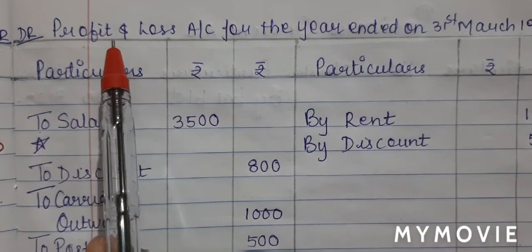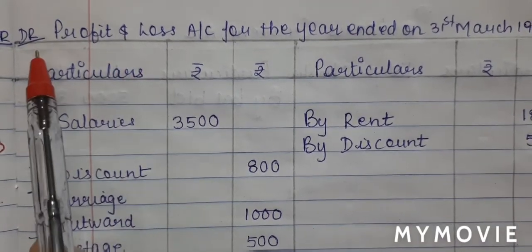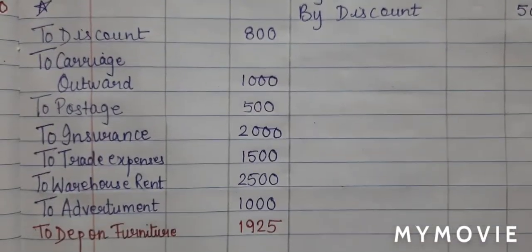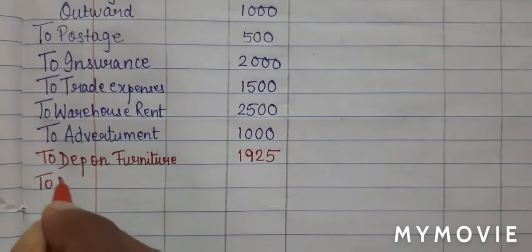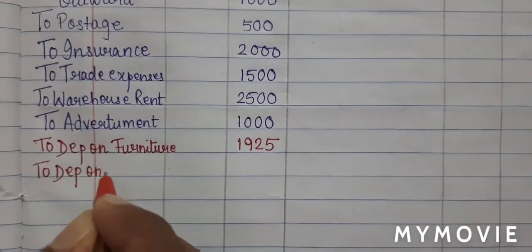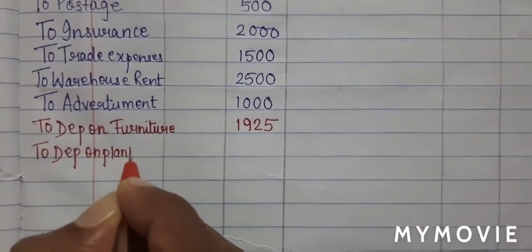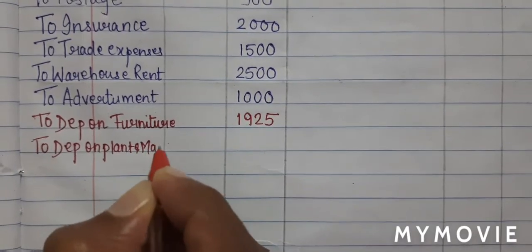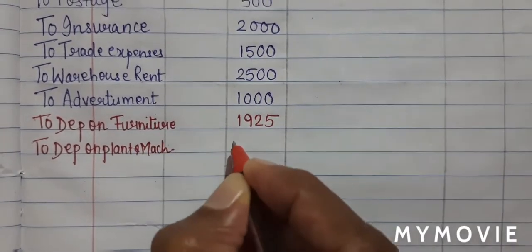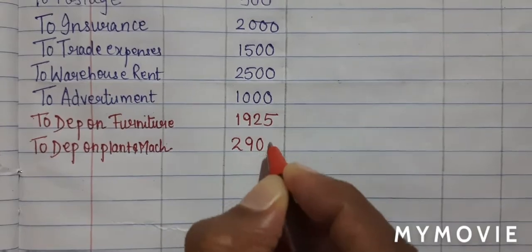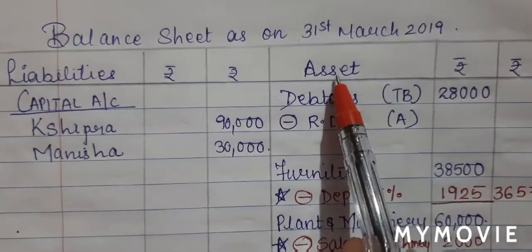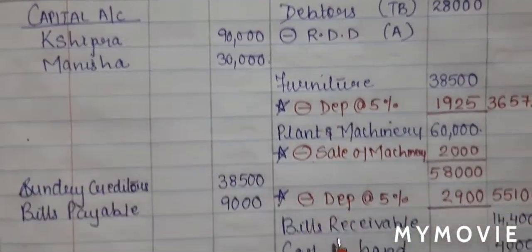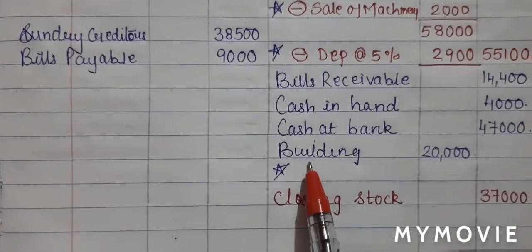My second effect will be in profit and loss account debit side. I will write down to depreciation on plant and machinery. In the outer column, I'll write 2,900. Again on the asset side, I have building as my fixed asset.